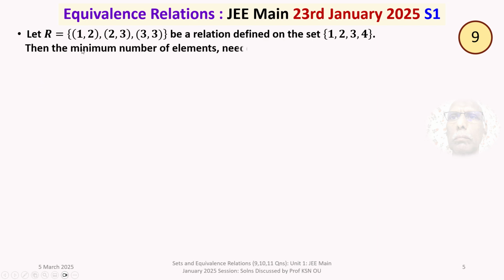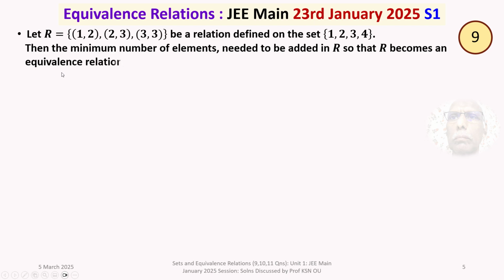Then the minimum number of ordered pairs needed to be added to R so that R becomes an equivalence relation is, we are given 4 options.